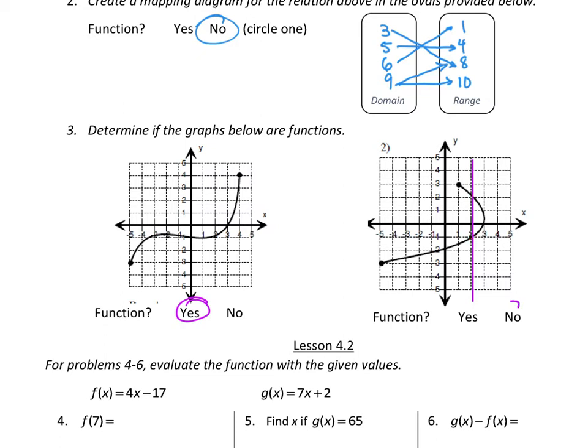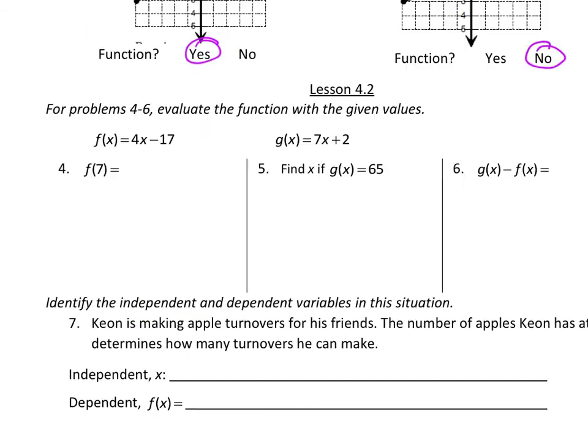So this one is not a function. This is approximately at 2. So at 2, it's intersecting here at -1 and 2. So for this x value, there are 2 outputs, just like up here for this x value, there were 2 outputs, and that's why this is not a function.